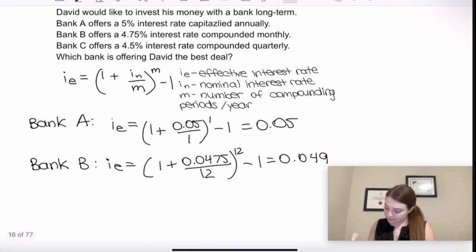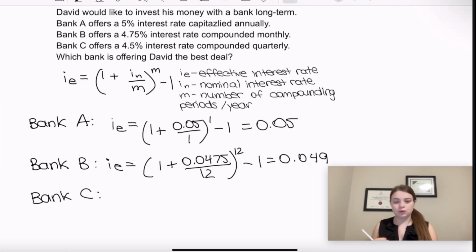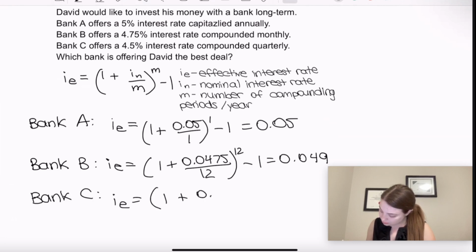Now let's do Bank C. For Bank C, it's 4.5% and compounded quarterly. So quarterly means 4 times a year. So therefore, the m in this case would be 4. So our effective interest rate is equal to 1 plus 0.045 over 4, to the power 4, -1.